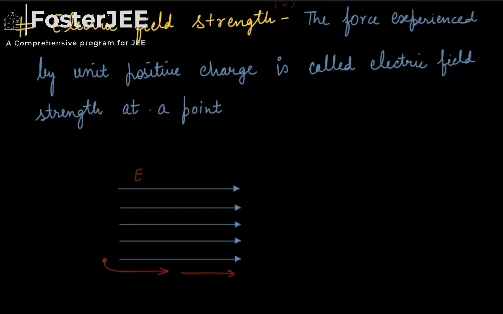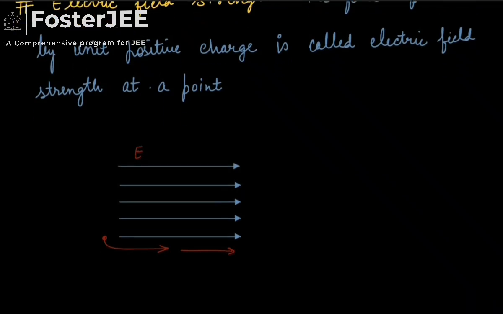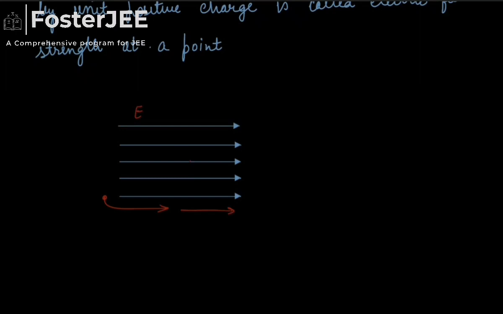Now, according to definition, if we place a unit positive charge in this region, note that these lines don't mean that the field exists only on these lines. In this region where lines are not there, just not to show for a clear diagram, otherwise the field is everywhere here. So let's suppose the charge is here and its magnitude is 1 coulomb, and that too positive.